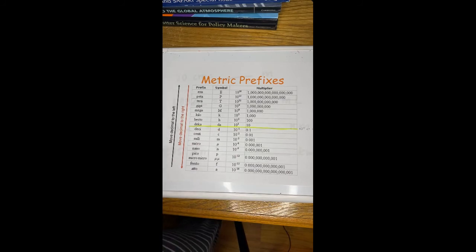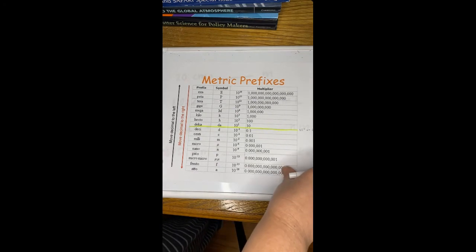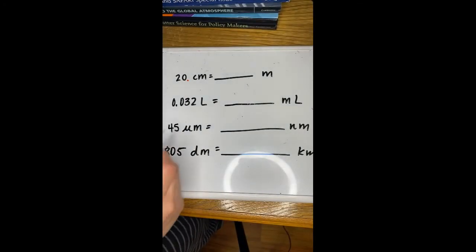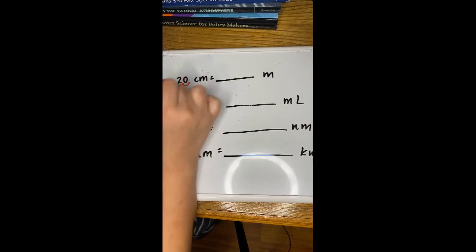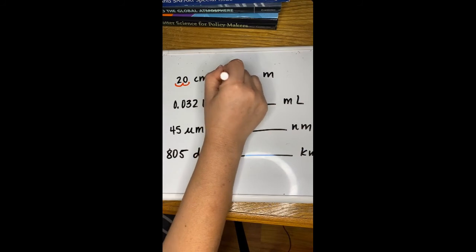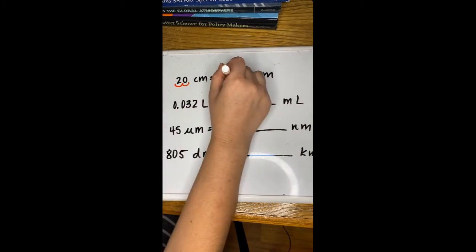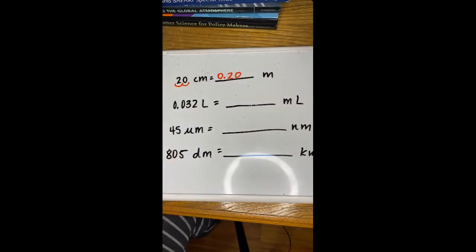We're moving 2 spaces. And because we're going up the ladder, we're going to move the decimal to the left 2 spaces. So we're going to have 0.20 meters, or 0.2 meters.